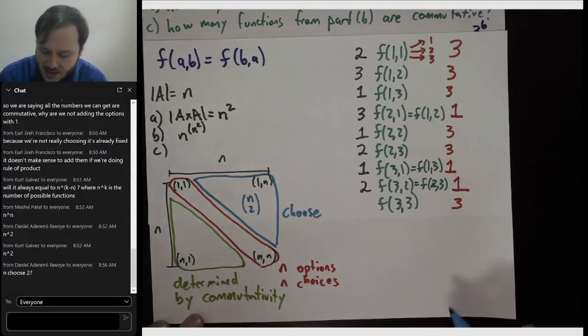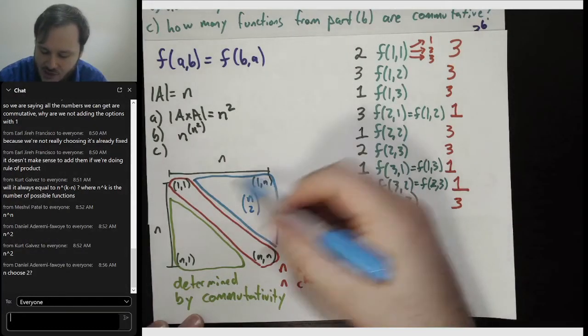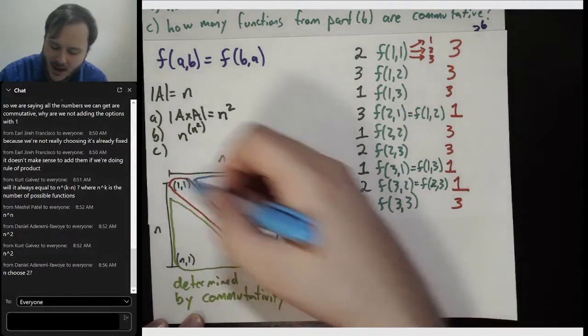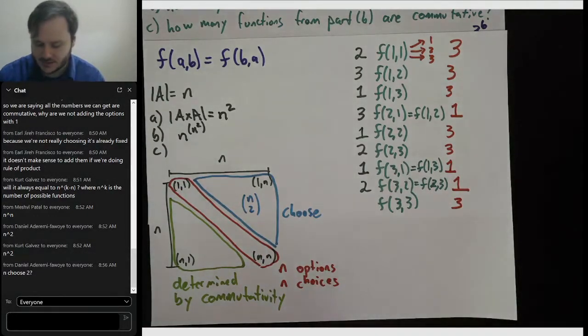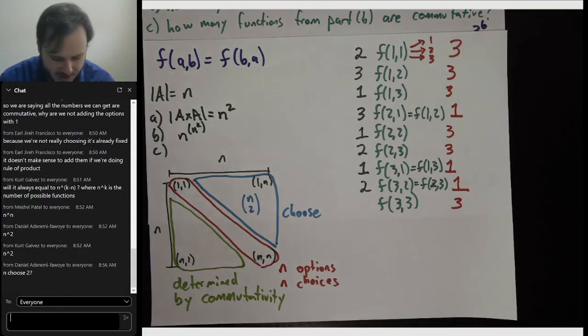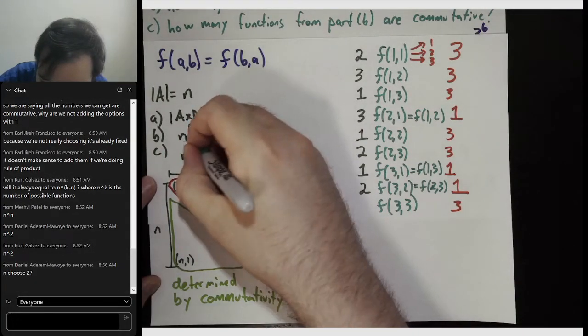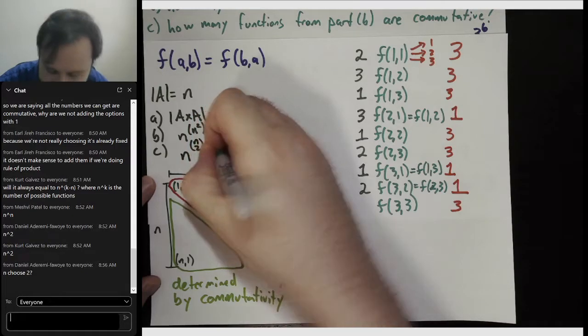So how many steps of my process actually have n choices? I have n choose 2 in this top triangle plus n along the diagonal. So in this case, my answer is n to the power n choose 2 plus n.